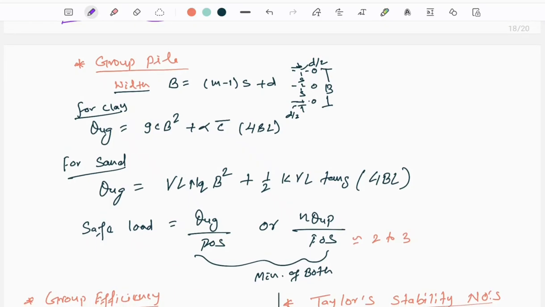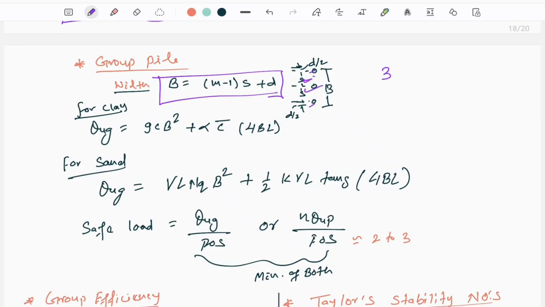Next is the group pile. So in group pile, some objective question may ask to find the width of the pile. So if the spacing of pile group is given, suppose S is the spacing between two piles, in a row there are 3 piles, and dia of the pile is D, then the formula becomes B is equal to (M minus 1) into S plus D. M is the number of piles, 1 2 3.